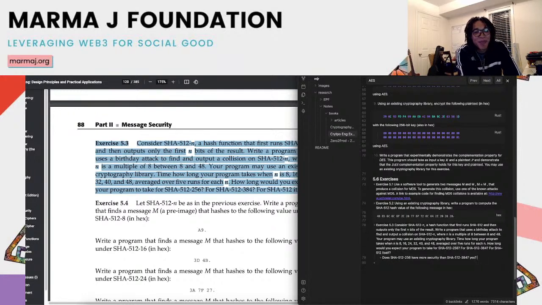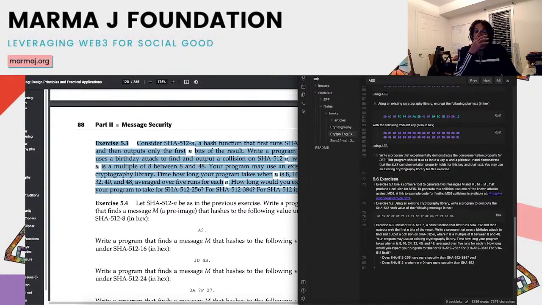I don't know. And then for SHA-512 itself, my main question would be, does SHA-512-n, where n is greater than 0, have more security than SHA-512?